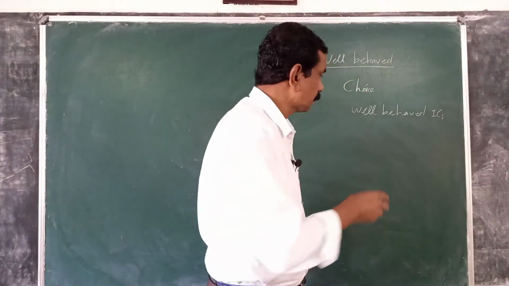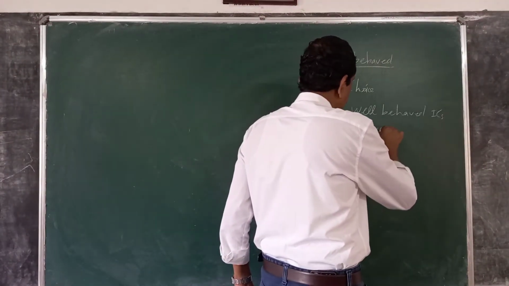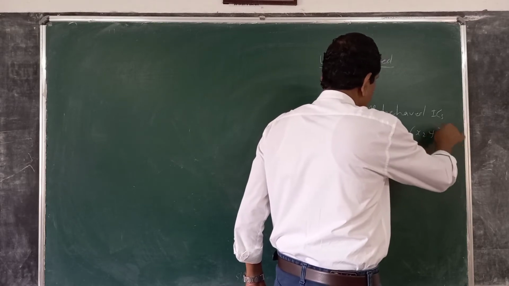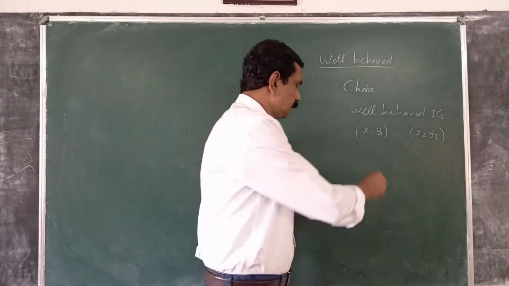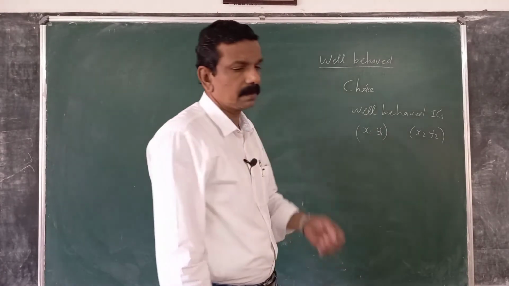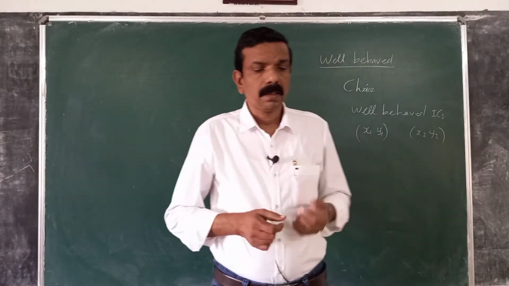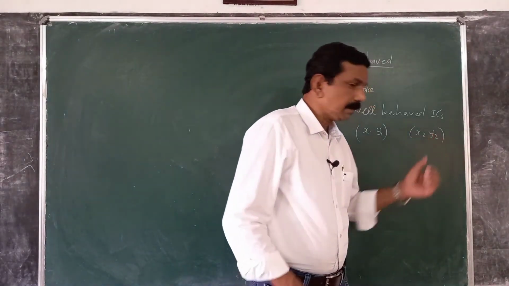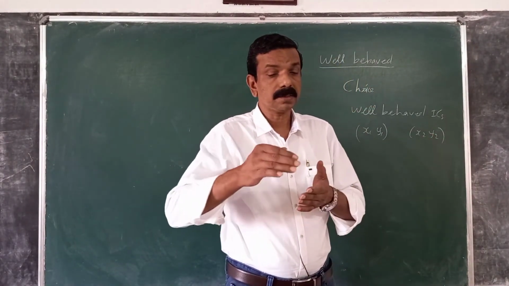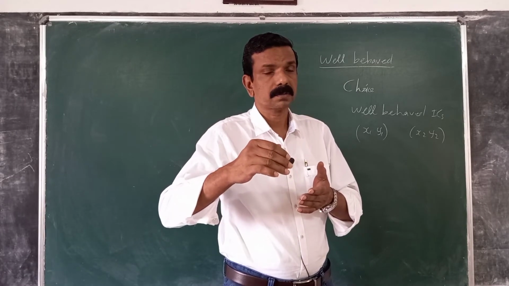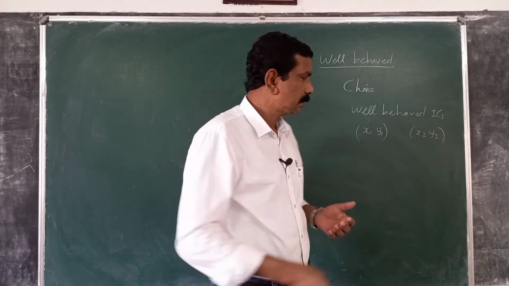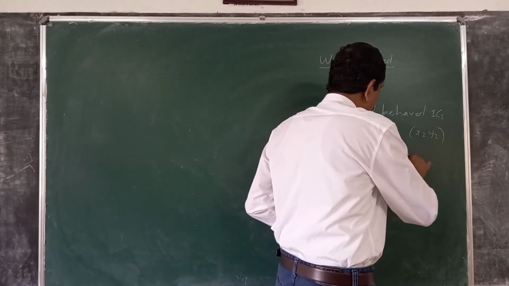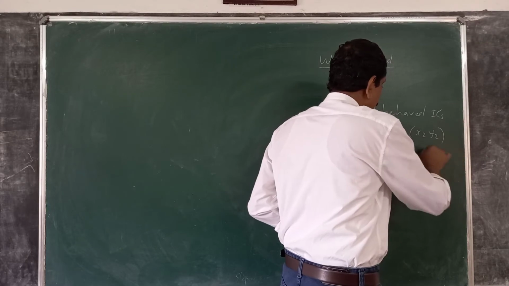So, if X1, Y1 is one bundle, and X2, Y2 is another bundle, and if this bundle contains at least as much of both or more of one, then X2, Y2 is preferred to X1, Y1.